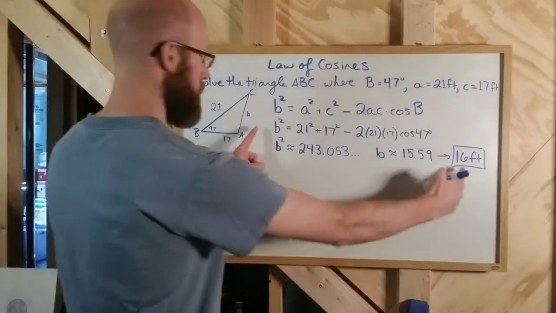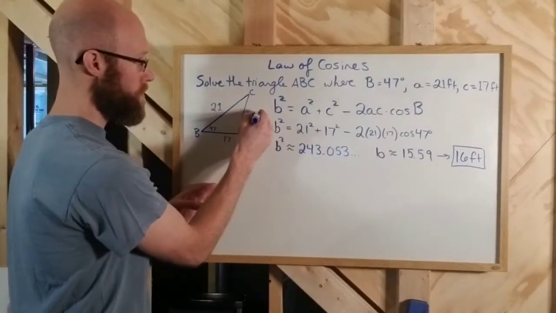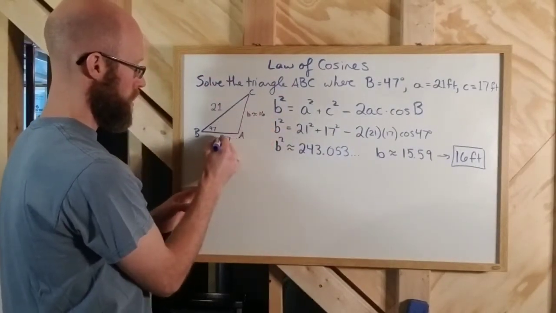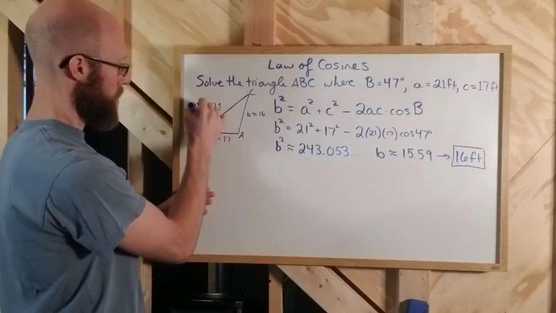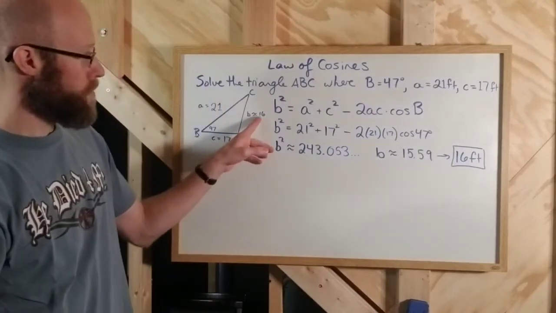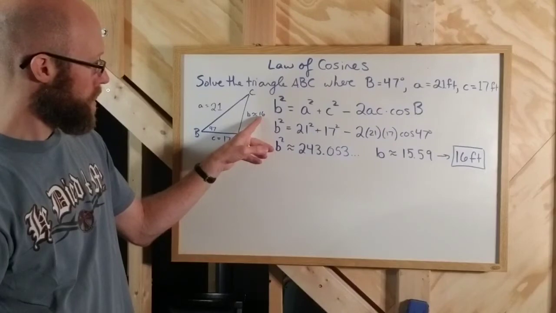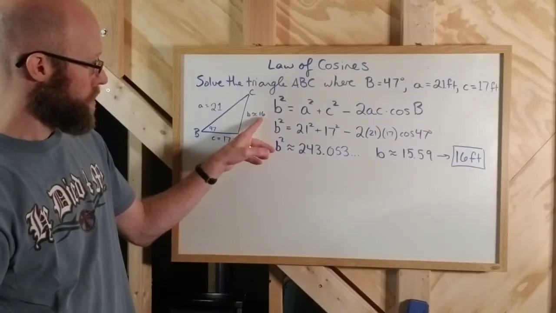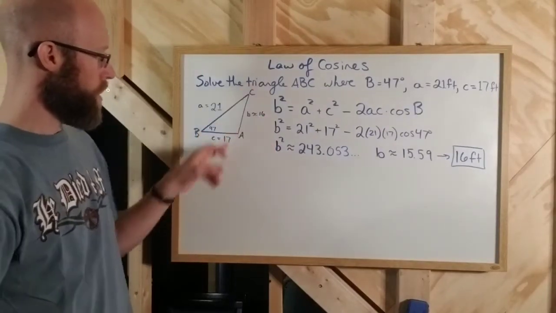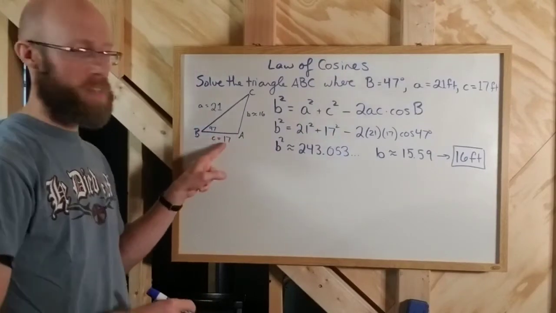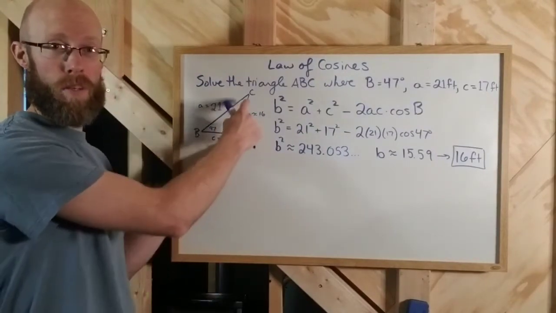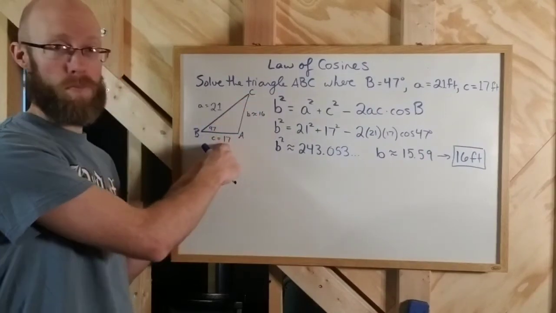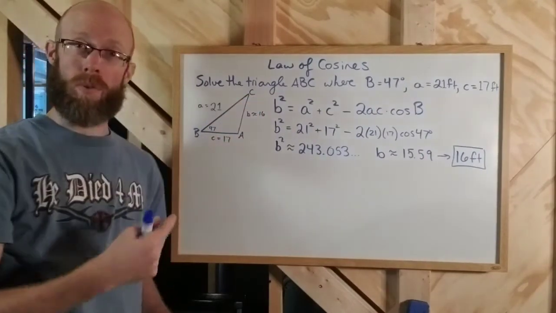So if B is approximately 16 feet, but it's not B in question, it's A and C, I'm sorry. A is 21, C is 17. The angle opposite the smaller side is going to be a smaller angle, so C is definitely the smaller one. So we're going to start with the smaller one.